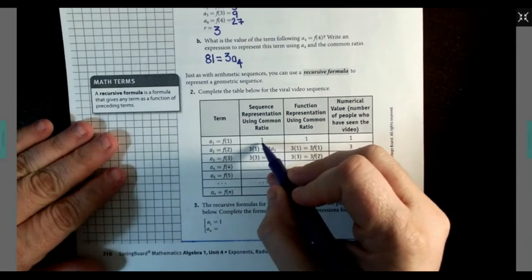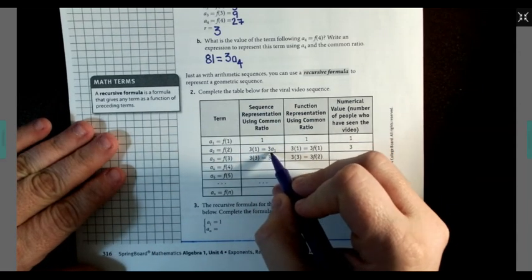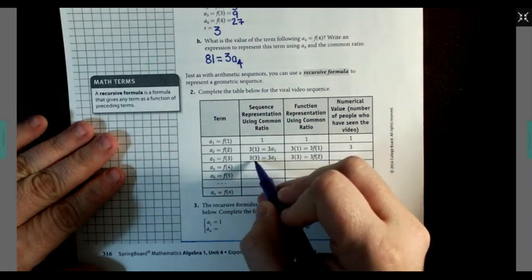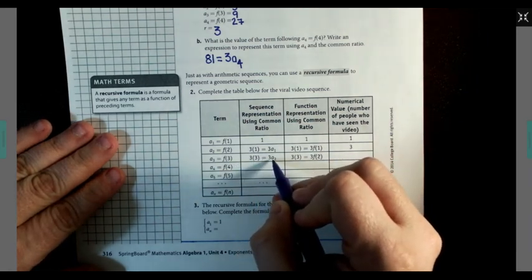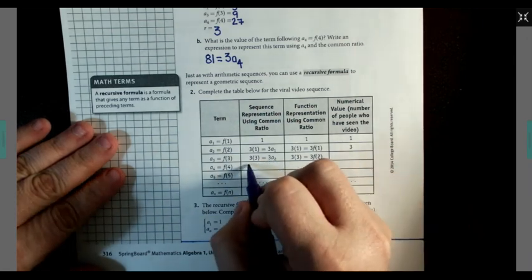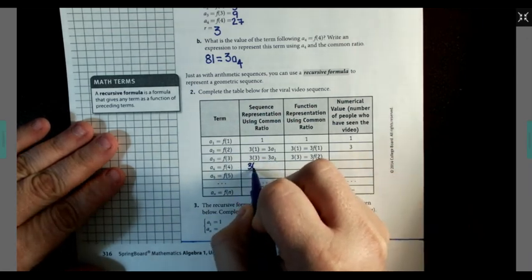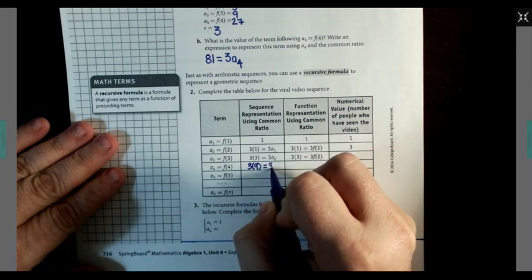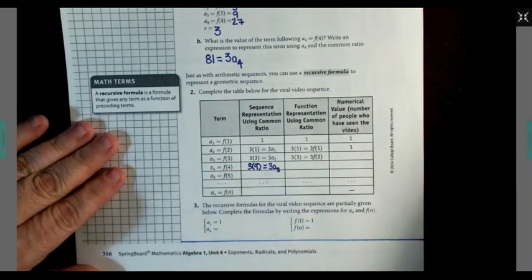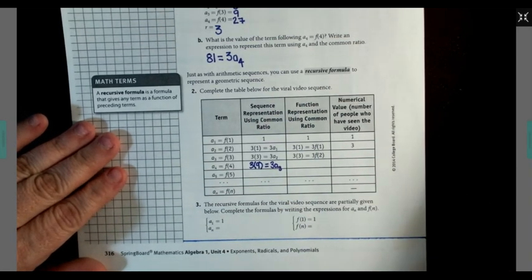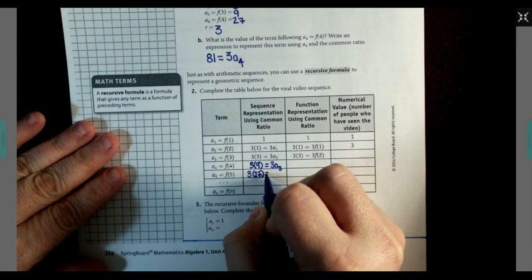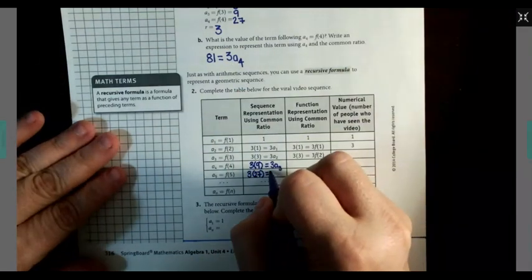So we would have done 3 times 1, which is 3 a sub n. The next level would have been 3 times 3, which is 3 times a sub 2. This level would have been 3 times 9, and that's the same thing as saying 3 a sub 3. The next level would say 3 times 27, which is 3 times a sub 4.